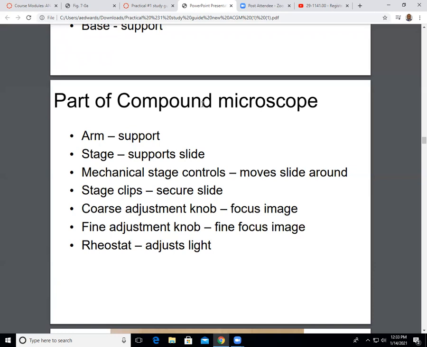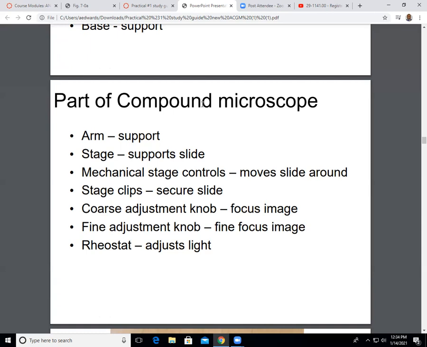Then you've got these knobs here. This big knob is your coarse adjustment knob. Okay, it focuses the image. The small knob is your fine adjustment knob. Okay, it gives you more fine adjustment. So when you're using a microscope, you start with the coarse to get generally where you can see it. Then you use the fine adjustment knob to get it down to where you can really see it clearly.